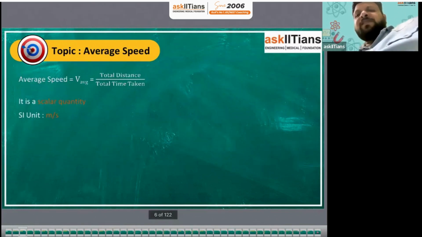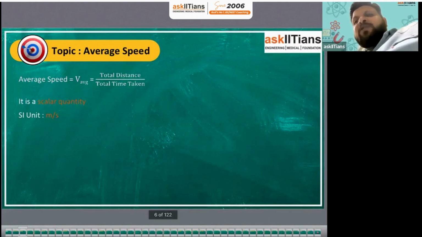Now, the concept of speed starts. First you have to know what speed is. Speed is actually distance traveled per unit time.